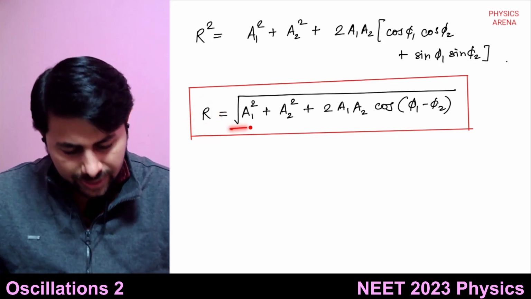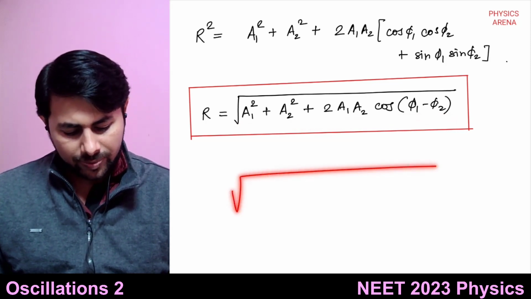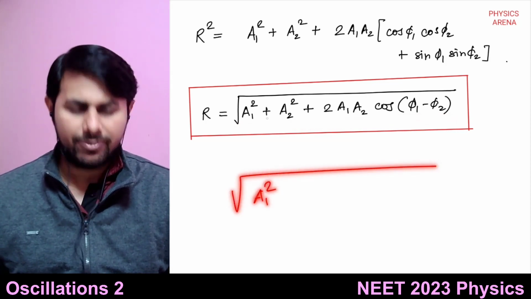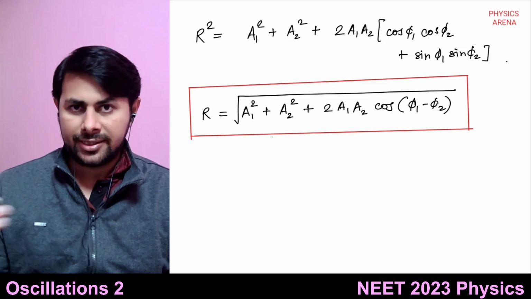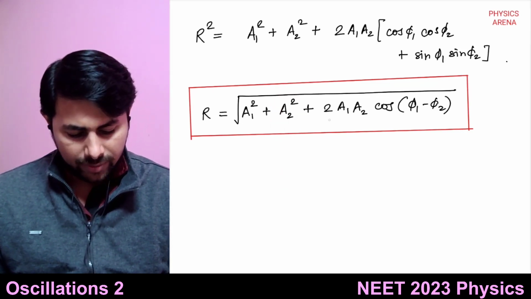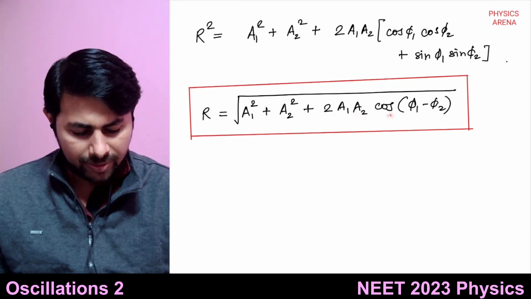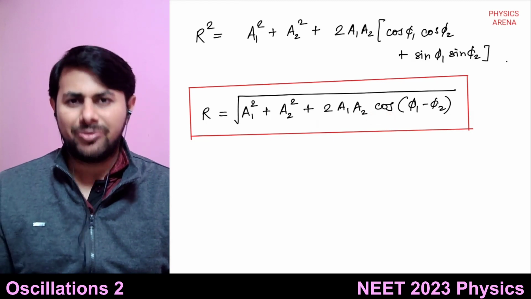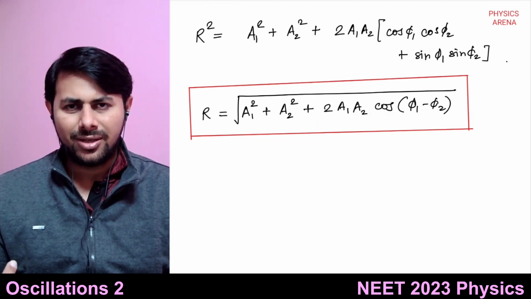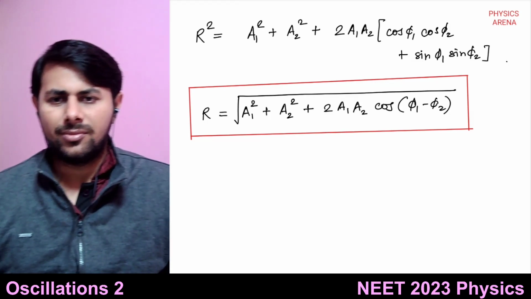Resultant amplitude is given by this formula of vector addition: square root of A1 square, that is amplitude of first SHM square, plus amplitude of second SHM square, plus 2 times amplitude of first one multiplied by amplitude of second one multiplied by cos of the angle between the two. What's the angle between the two? Actually it is the phase difference between the two SHM.